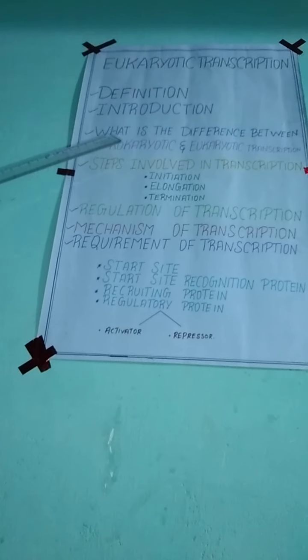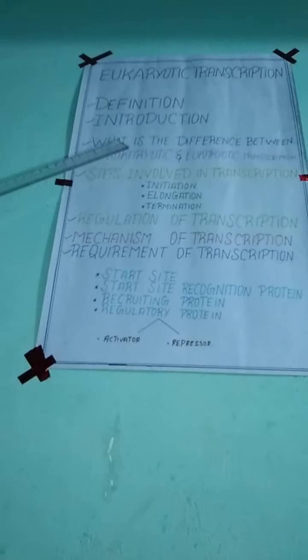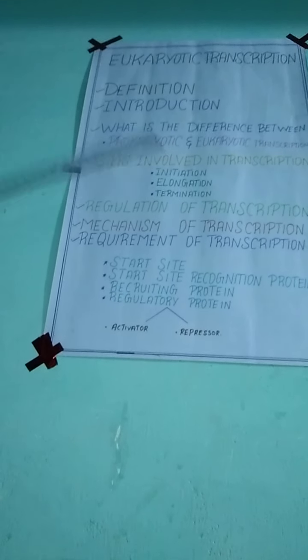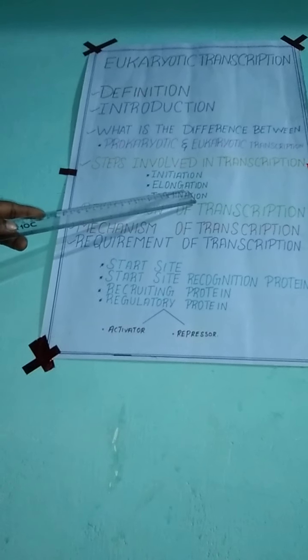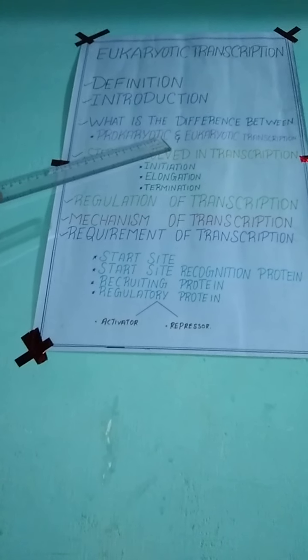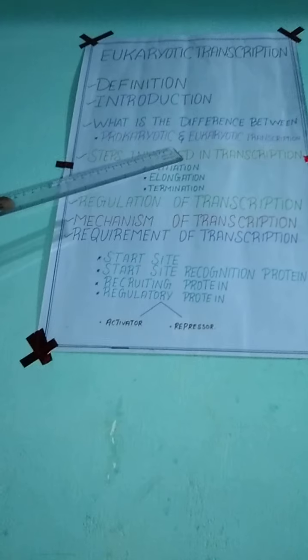The synthesis of RNA from a single strand of DNA molecule in the presence of the enzyme RNA polymerase is called transcription. In other words, the process of formation of a messenger RNA molecule using a DNA molecule as a template is referred to as transcription.